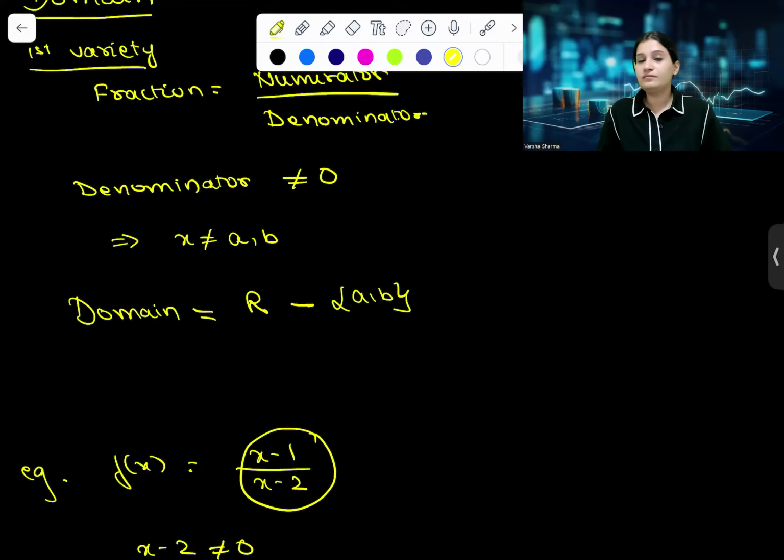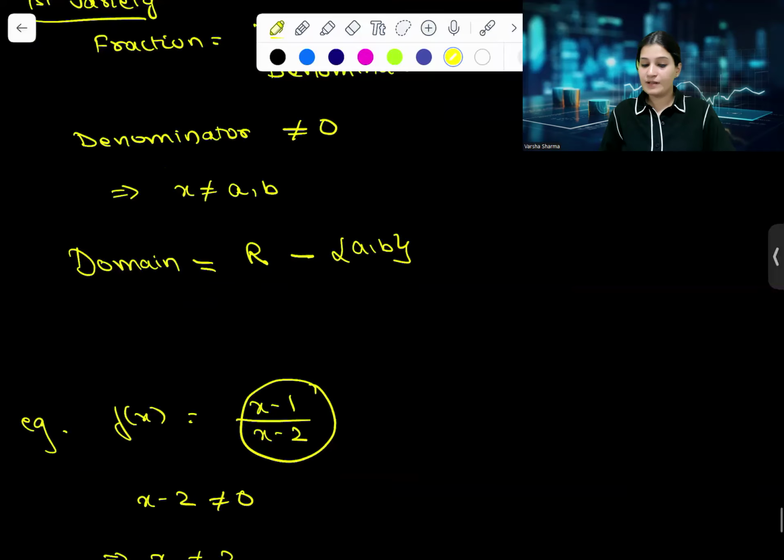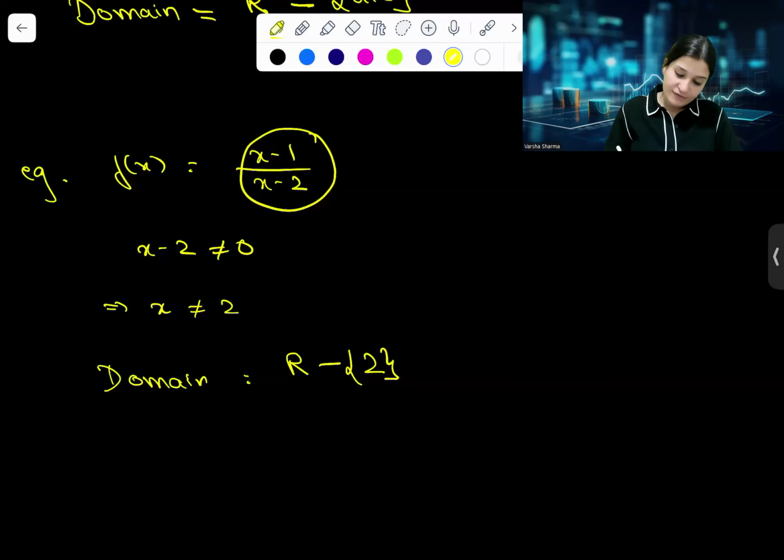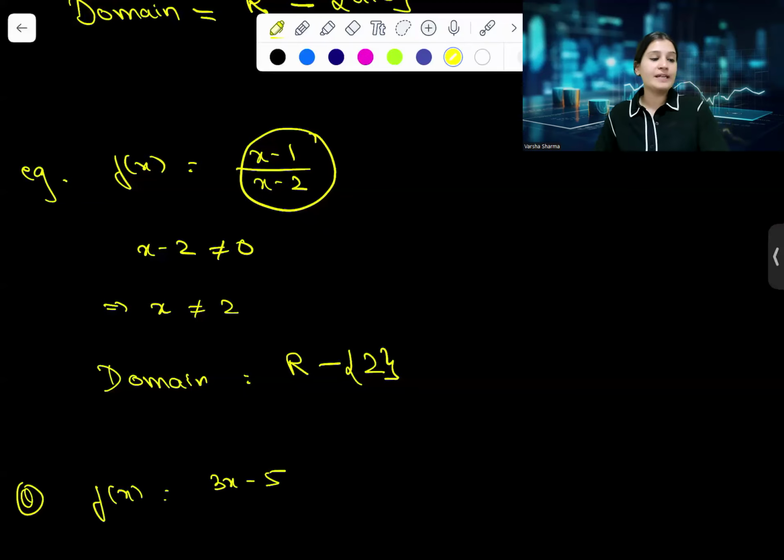Understood? Online understood? Yes, ma'am. If I would have given you a question, the function is 3x minus 5, what would be the domain? Is there a denominator?